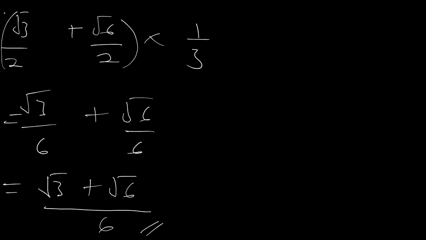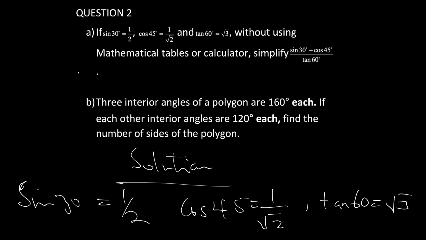So moving on to the question 2b. 3 interior angles of a polygon are 160 degrees each. If each other interior angles are 120 each, find the number of sides of the polygon.